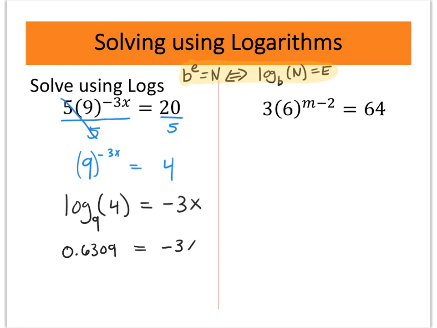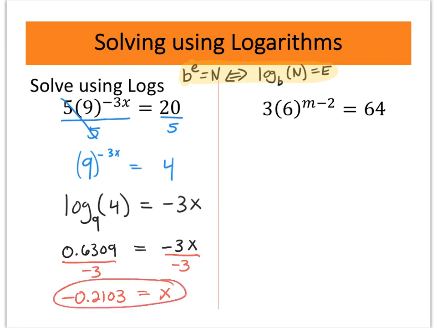That equals negative 3x. And now our goal is to solve for x, so the last step is to divide by negative 3, and I'm going to get negative 0.2103 is equal to x. And so we've solved this problem.